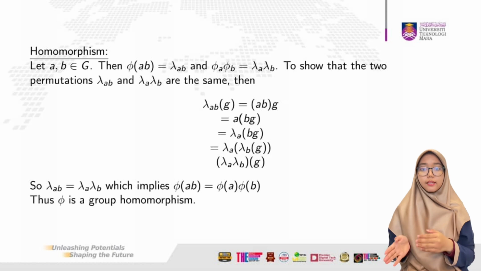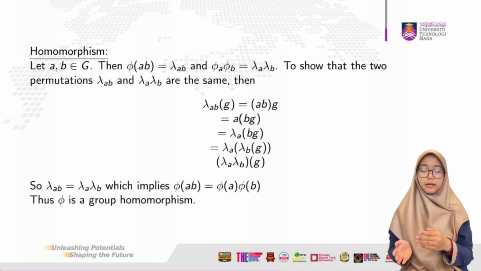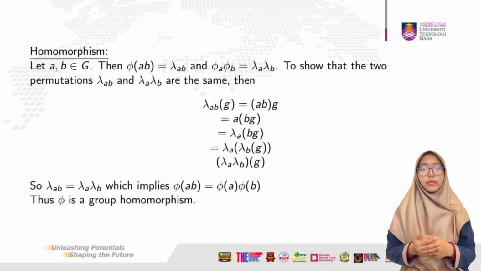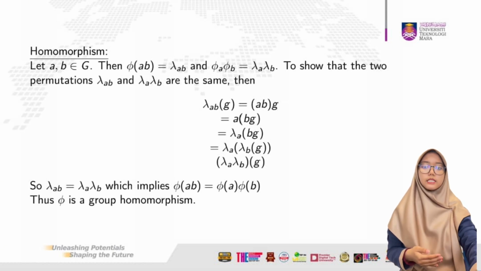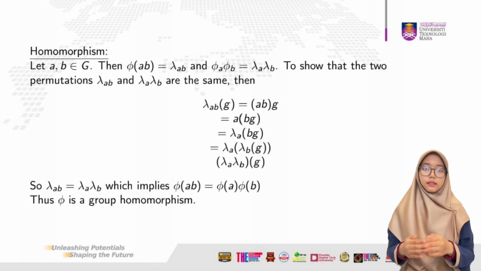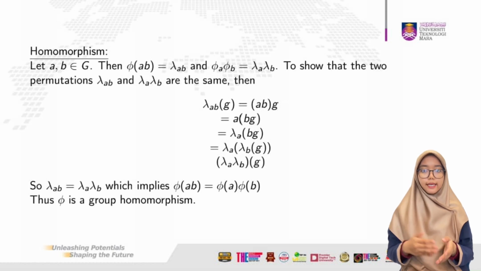Second, for homomorphism, let a, b be elements of G. Then phi(ab) equals lambda ab, and phi(a) times phi(b) equals lambda a times lambda b. Lambda ab(g) equals ab times g, and by associative properties, we get a times bg. By definition, we know that a equals lambda a and b equals lambda b.